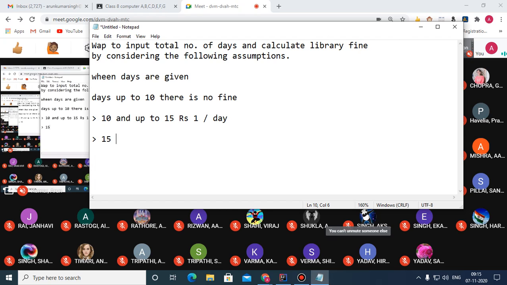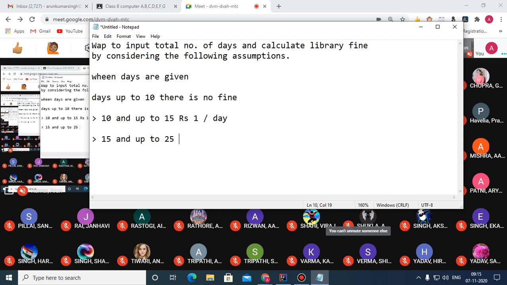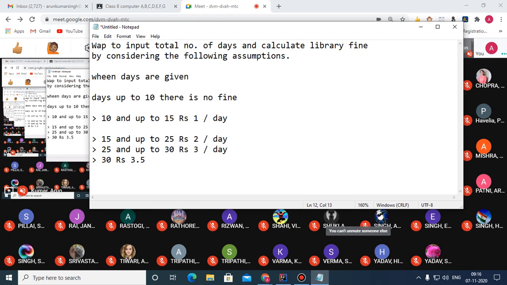Greater than 15 and up to 25, rupee 2 per day, and greater than 25 and up to 30, rupee 3 per day, and above 30 days, rupee 3.5 per day. This is the slab, children, and you have to calculate the slab.